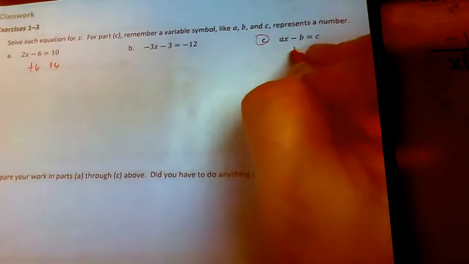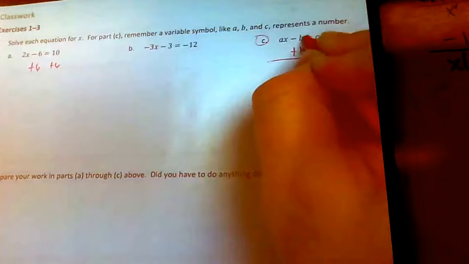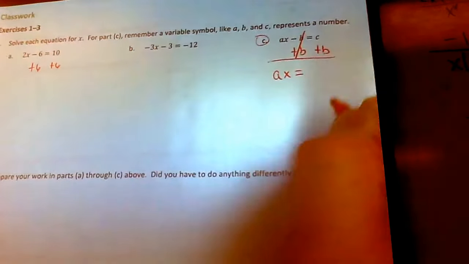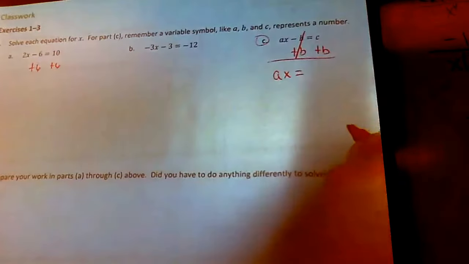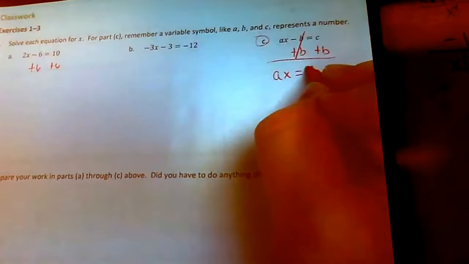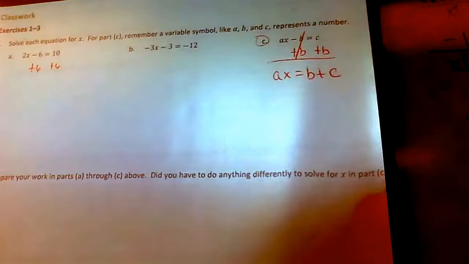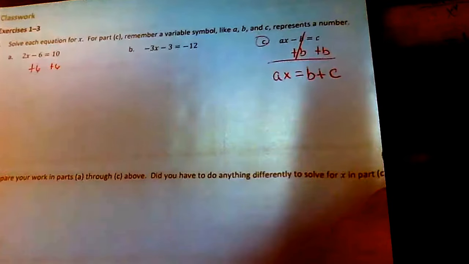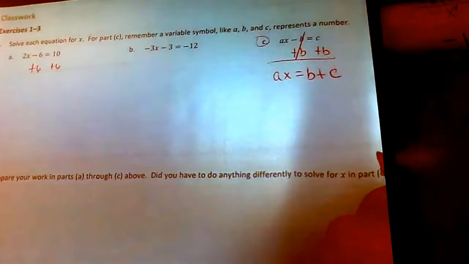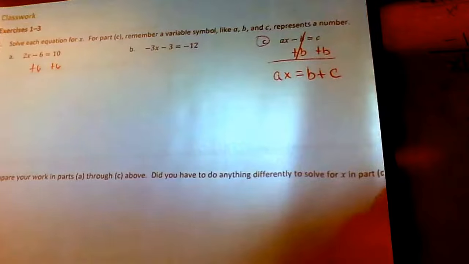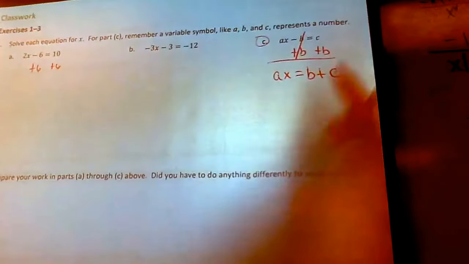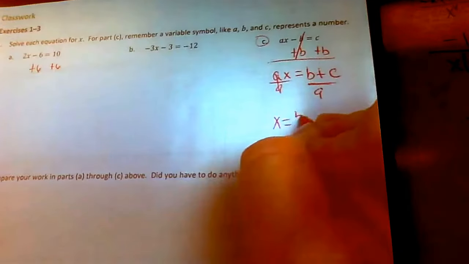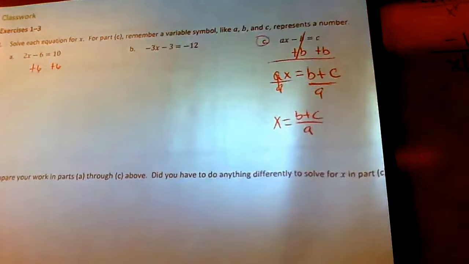Plus B. The B's will cancel out, and you'll have AX equals C. It's just addition, and they are not like terms, so you just put B plus C. It's B plus C or C plus B, but it is not BC. That means multiply. Then, what would you do? Divide by A. So X equals B plus C divided by A.